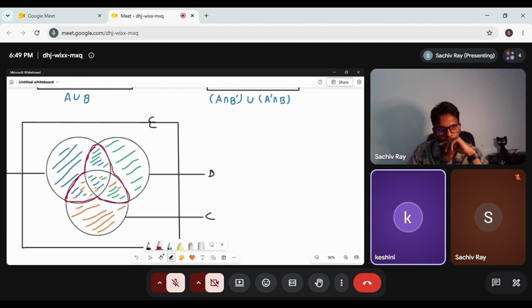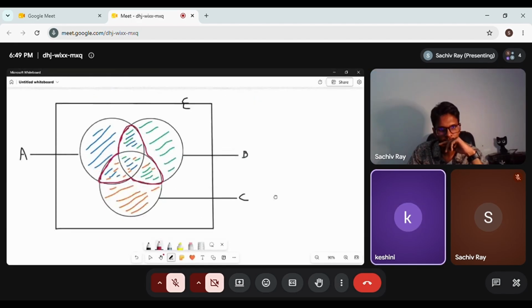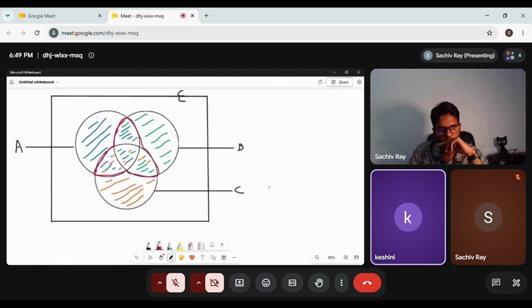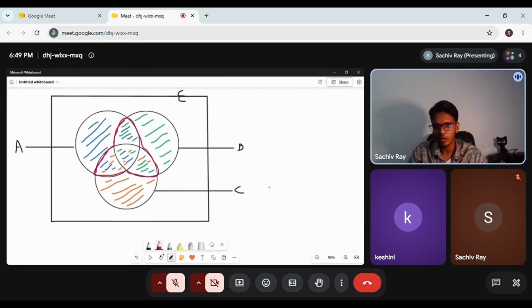A intersection B intersection C? For an intersection to happen, all of it has to be common, right? Now A intersection B intersection C is in the middle part only. In this part, you only have A and C, B and C, A and B, and three corners. So what do we do? We have to think of something else.